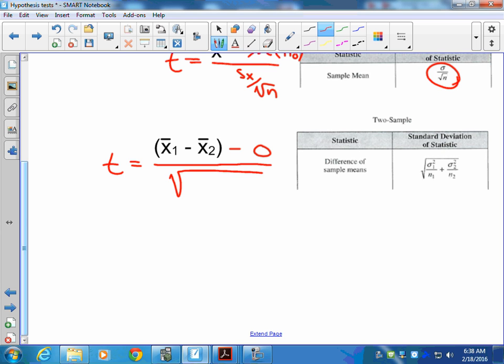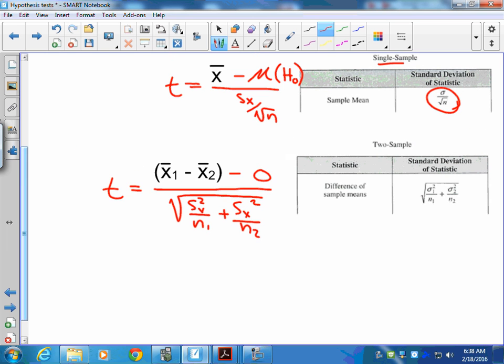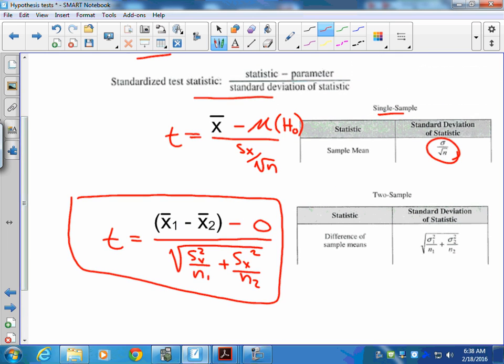But we do have that larger standard deviation formula that we have to build in. First, standard deviation squared divided by sample size. Second, standard deviation squared divided by sample size. You have to show these calculations on your page.